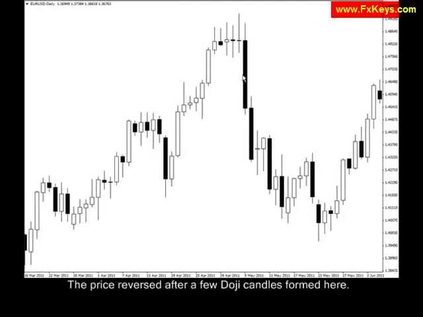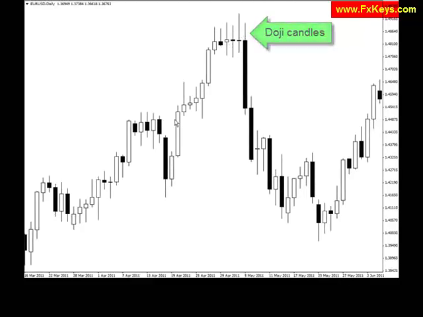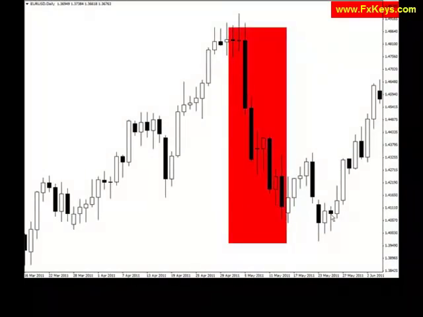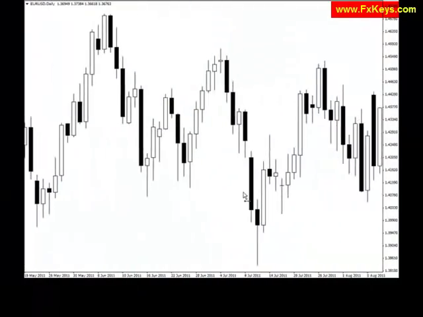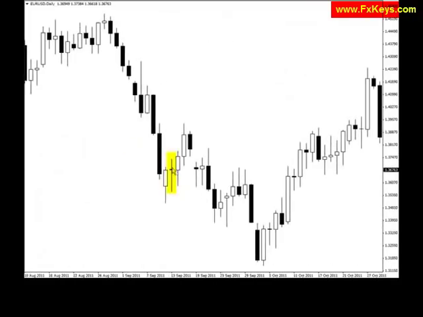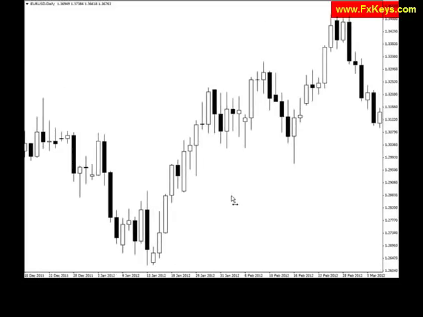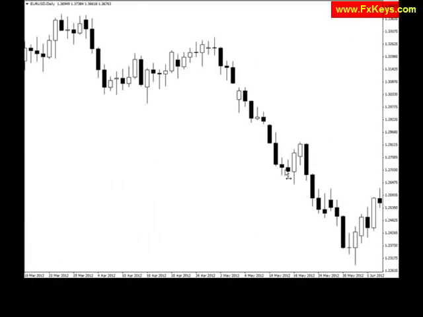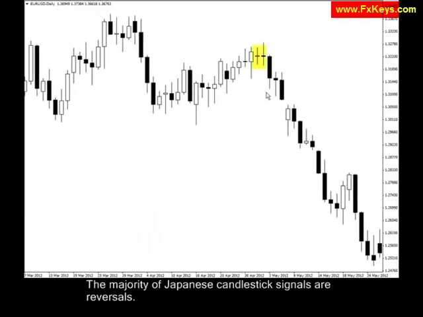The price reversed after a few doji candles formed here. The majority of Japanese candlestick signals are reversals.